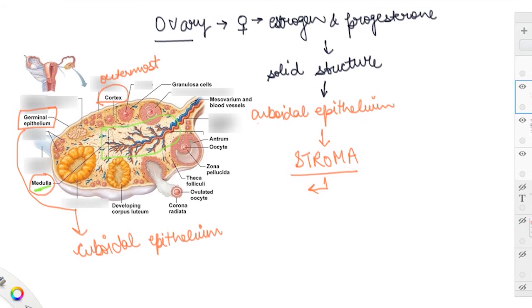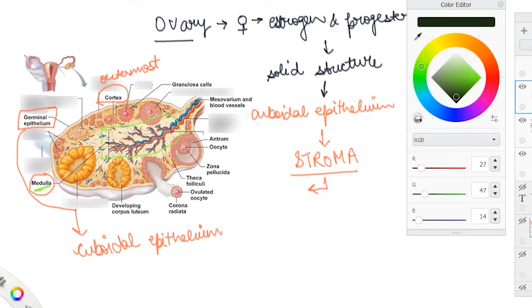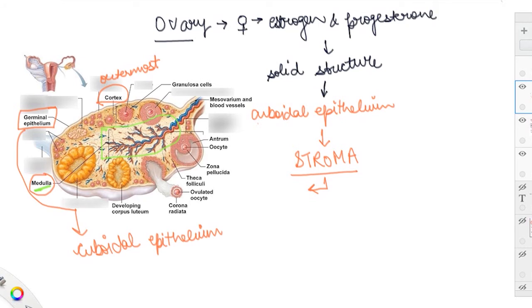Now go back to the figure and just try to relate what I am trying to make you understand. Now see this cortex layer. This cortex layer consists of lots of follicles that you can clearly see from the figure.